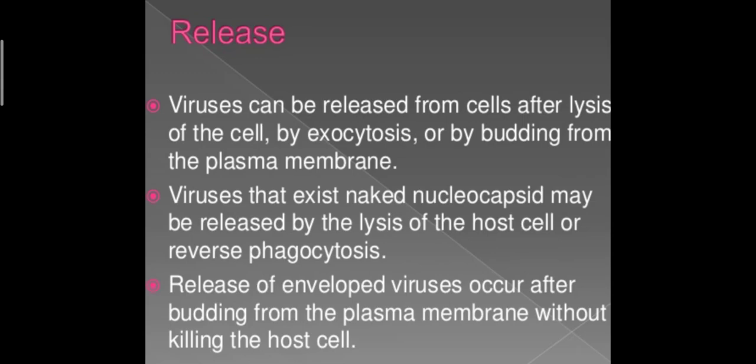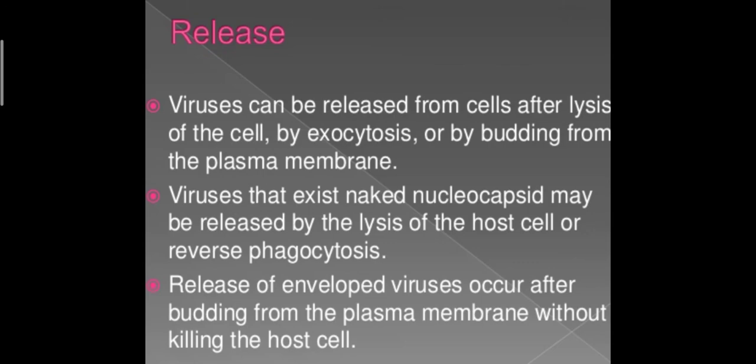The viruses can be released from cells after lysis of the cell. I told, right, either damaging or lysis of the cell, or budding from the plasma membrane through the exocytosis process. That process is nothing but exocytosis. So viruses that exit as naked nucleocapsid may be released by lysis of the host cell or reverse phagocytosis.